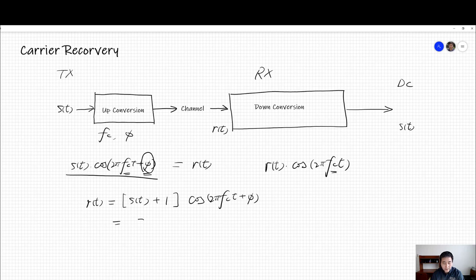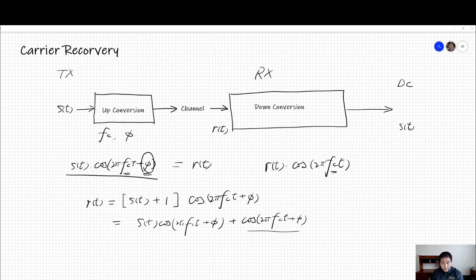So we have s(t) cosine of 2 pi fc t plus phi, plus a pure cosine function. Previously we said this cosine function is a large pilot, a pure sine wave. Maybe I can catch the carrier, maybe I can catch the phase from this signal.